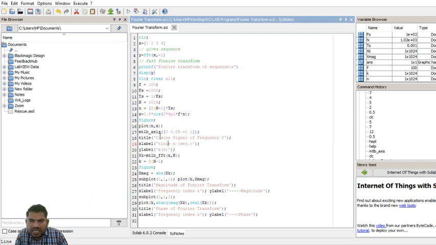What is this x of n actually? Here x of n means this one into this one.